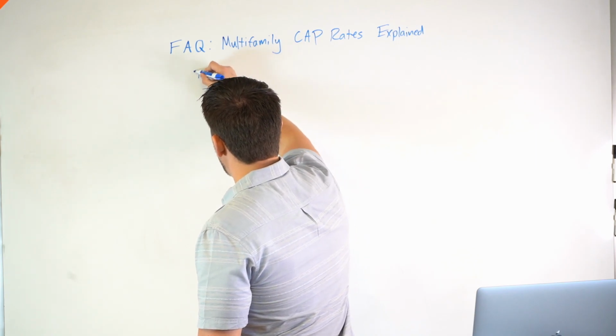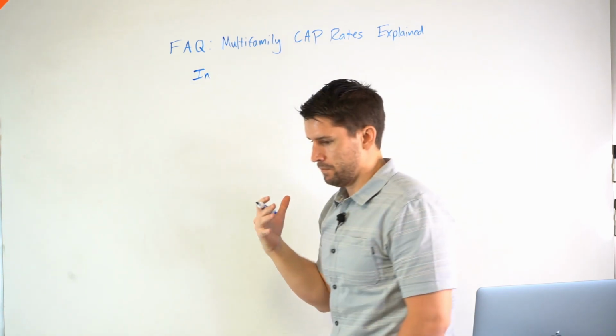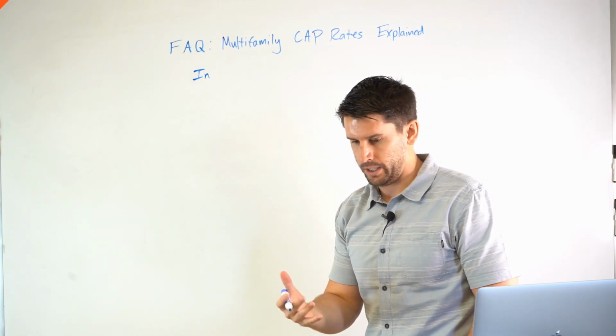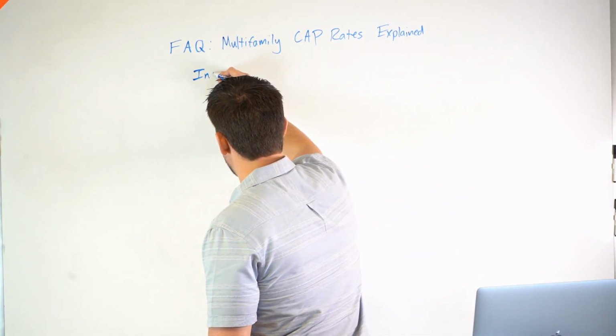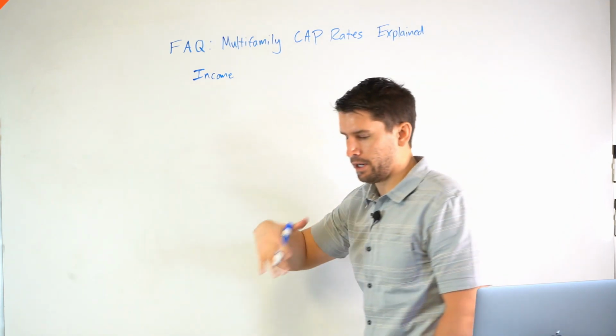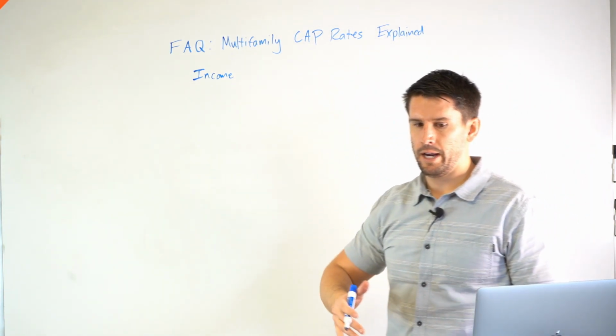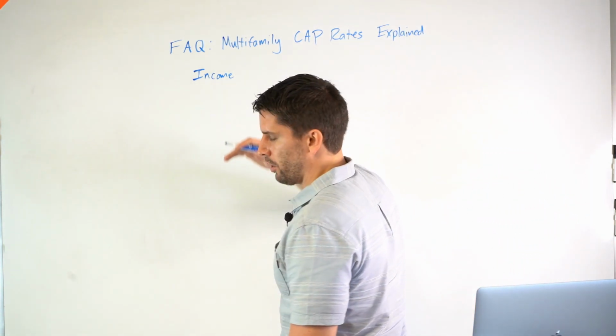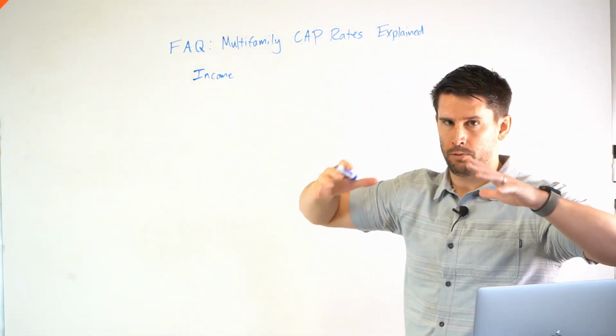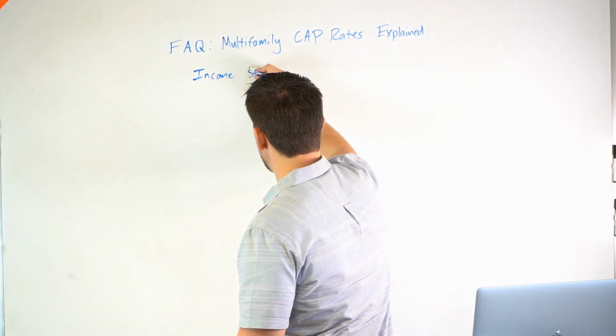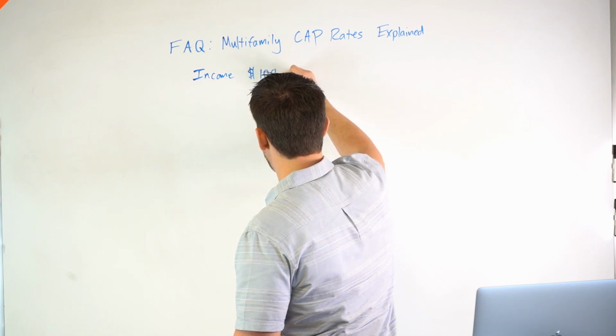When you own income producing real estate, a multifamily, you generate income through several ways. I'm not going to go too much into that, but let's say you buy an asset and, and this is done per annum, so for the whole year, you make $100,000 in income, right?